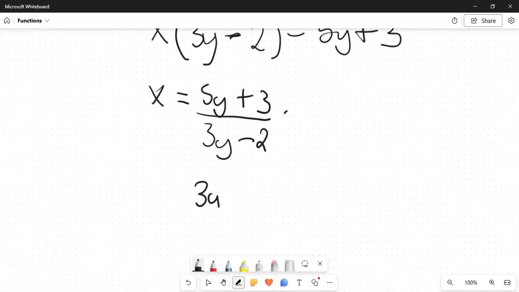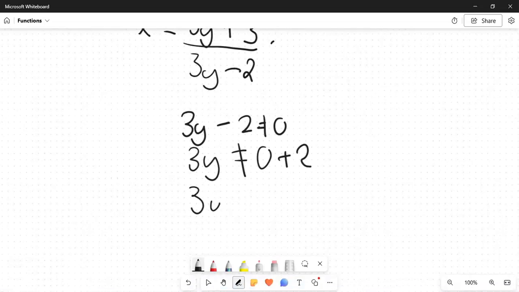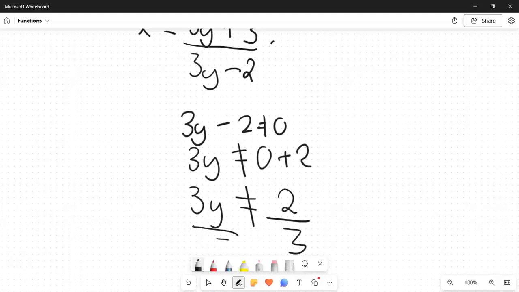So 3y minus 2 is not equal to 0. 3y is not equal to 0 plus 2. Y is not equal to 2 over 3.